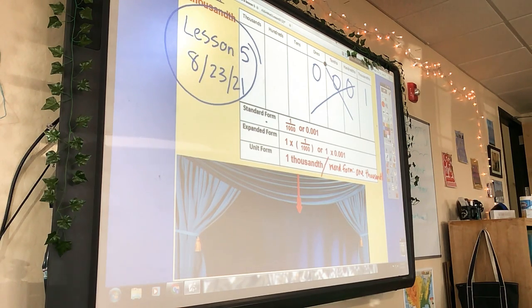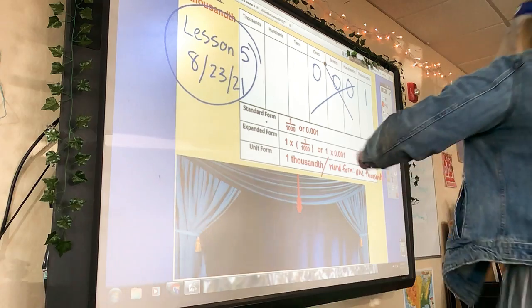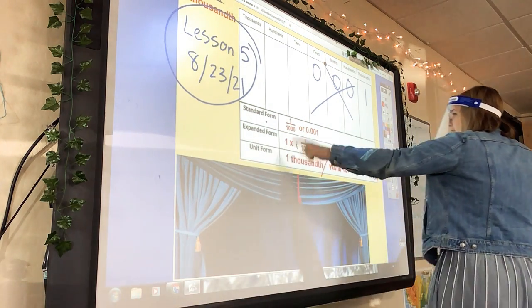This is a long time, so I'm going to give you 2 minutes, okay? You can do it in 2 minutes. Don't worry about making it super pretty. I just want you to get the information down. So you can write standard form this, expanded form that, right?